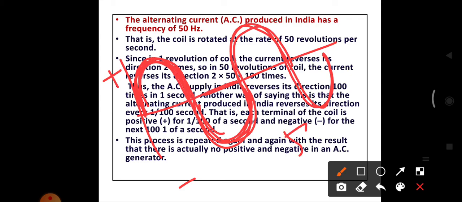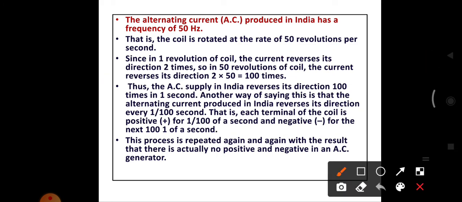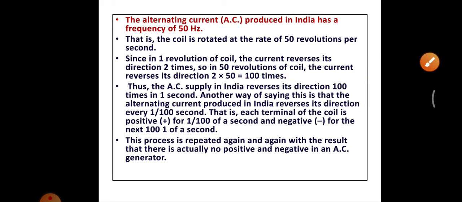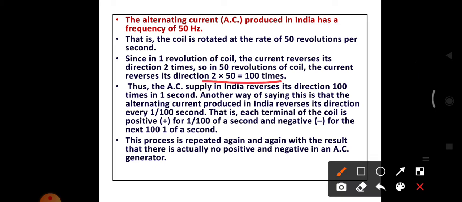In every half revolution, the current direction changes. So in 1 revolution, it changes 2 times. So for 50 revolutions, it changes the current direction 100 times. So here I wrote 2 into 50, 100 times.